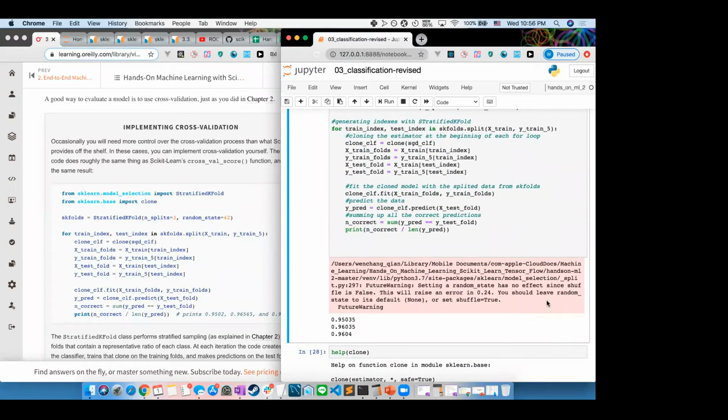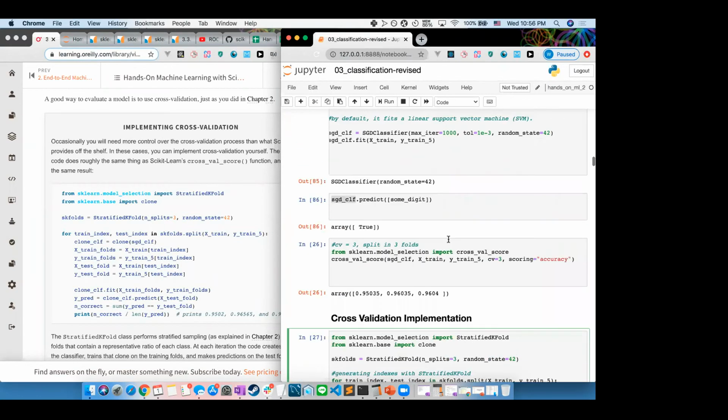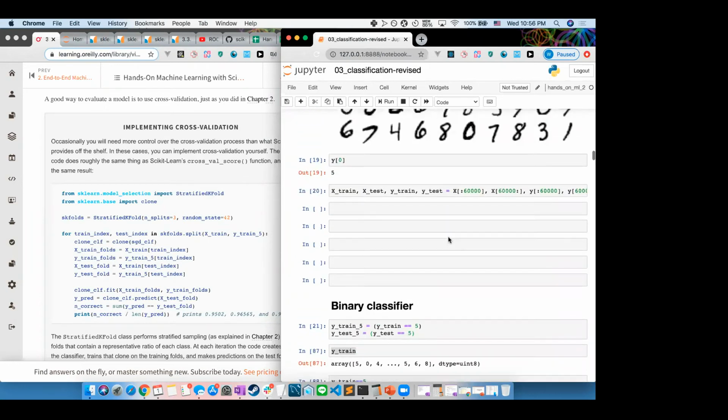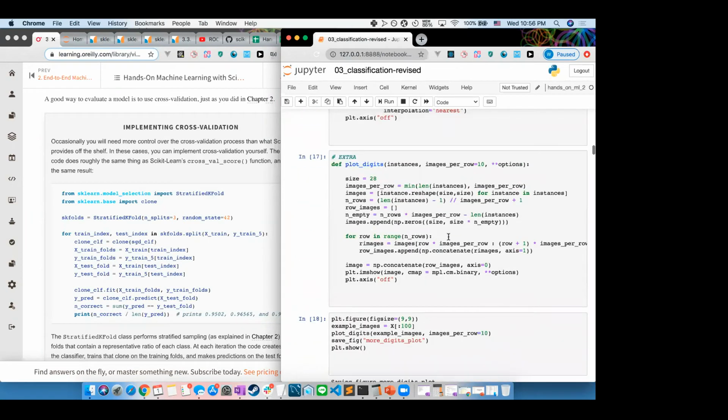I had a doubt actually in the previous cell. Am I the only one who's not able to hear it? Hello? Yeah, I had a doubt in the previous cell itself, the some_digit part. What was your question? I wanted to understand what some_digit is here.